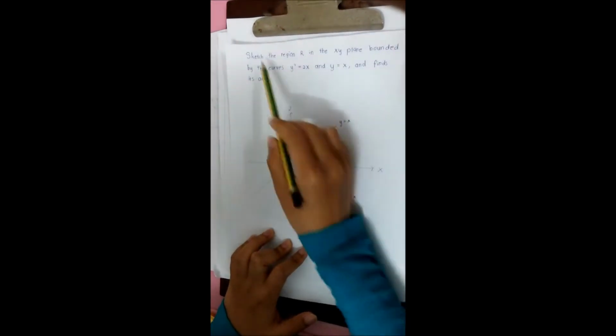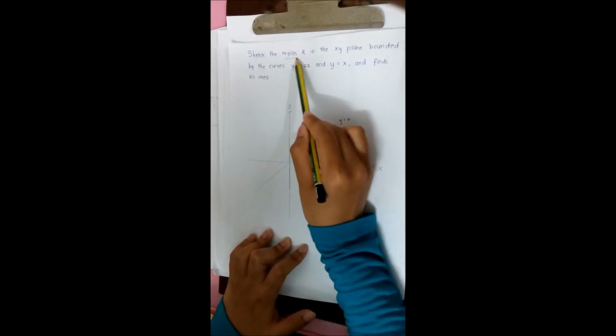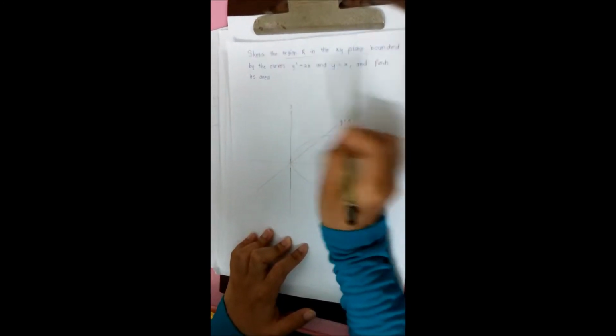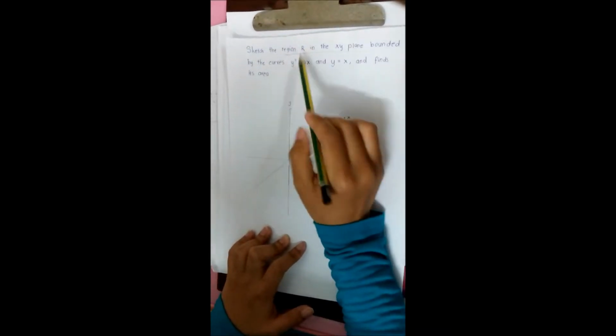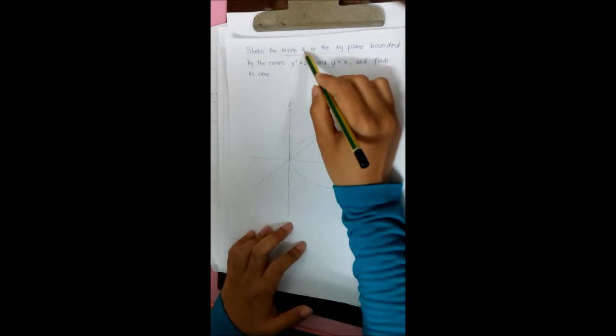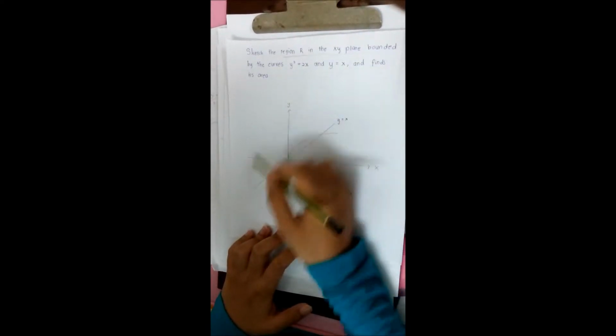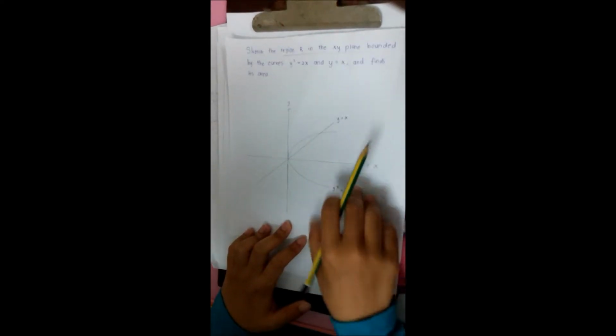It asks us to sketch the region R in the xy plane bounded by the curves y squared equals 2x and y equals x. First of all, we have to find where the region R is in the graph.